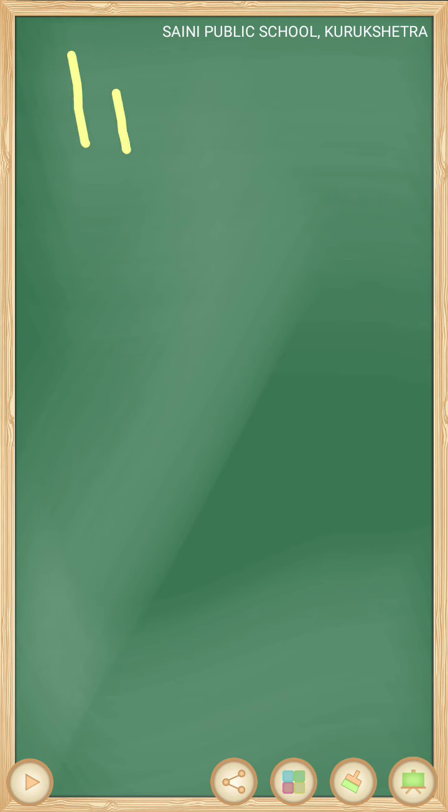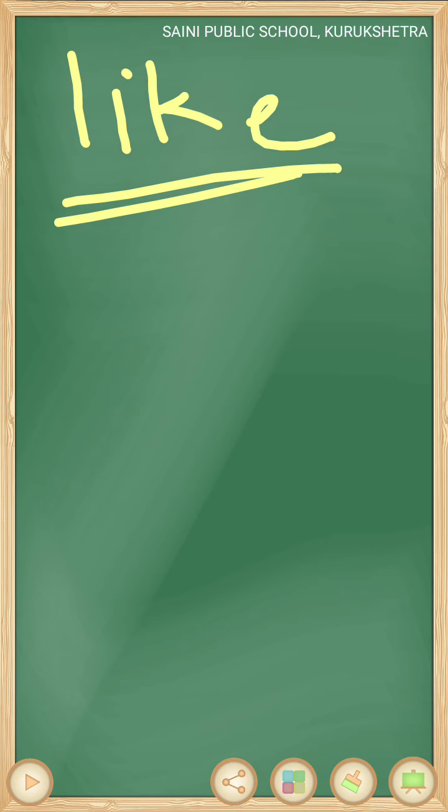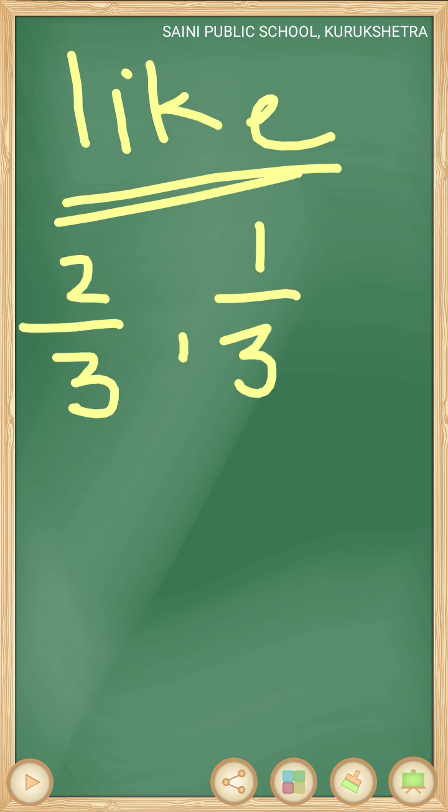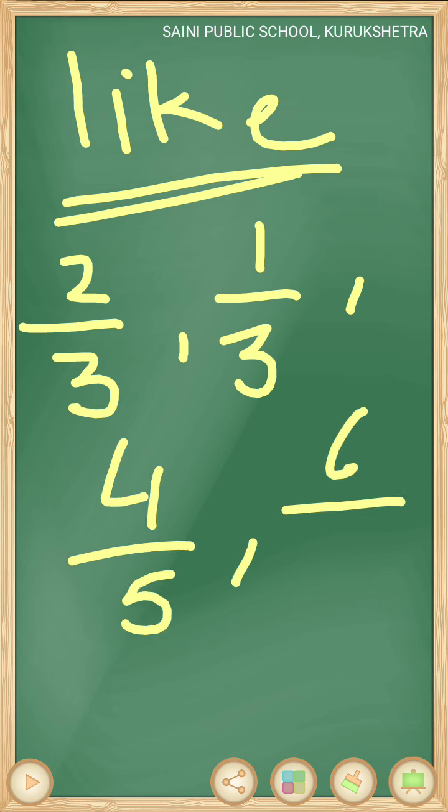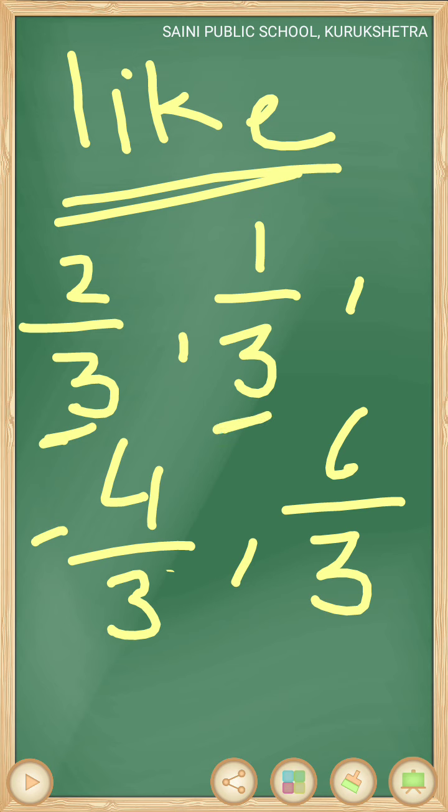First of all, what is a like fraction? Like fractions are fractions with the same denominator. For example, I am writing 4 numbers: 2 by 3, 1 by 3, 4 by 3 and 6 by 3. Now you can see clearly in these 4 fractions I am writing the same denominator.